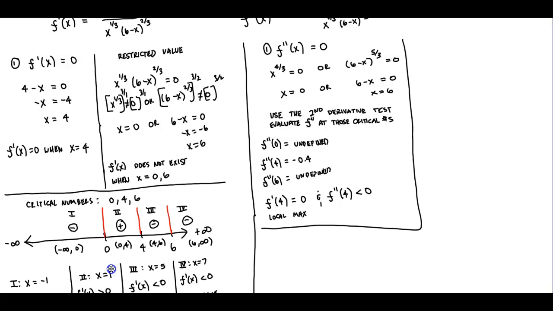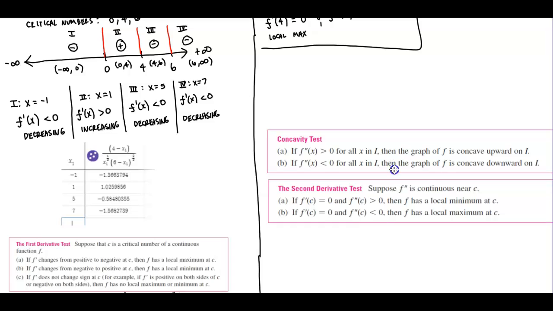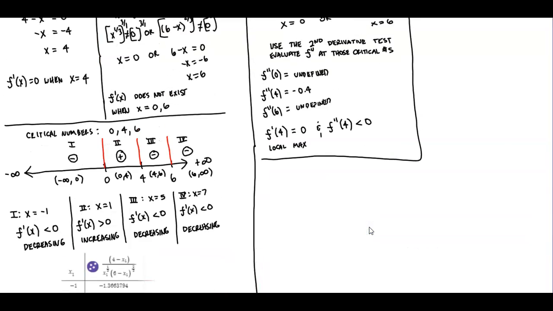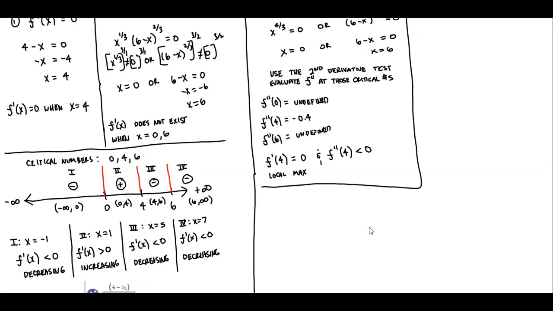So now the next thing we want to do is determine whether it's concave up or concave down using the critical numbers that we have for the second derivative, 0 and 6. So let's go ahead and do that. We draw a number line. We know that we have a possible inflection point at 0 and a possible inflection point at 6. This is going from -infinity to +infinity.